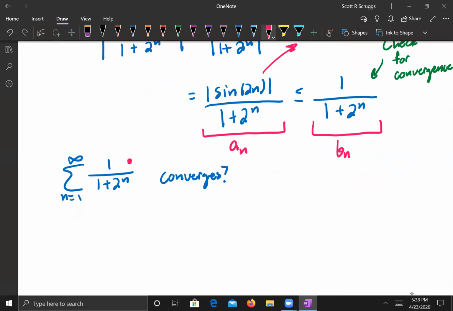So when I set up the L, I'll have 1 plus 2 to the n plus 1 power over 1 plus 2 to the nth power. So I'll have an indeterminate form, which means L'Hopital's rule. I'm actually thinking of an easier way to tackle that. You could do ratio if you want to, but I'm thinking of something easier.